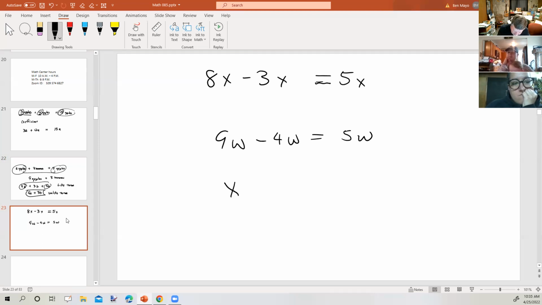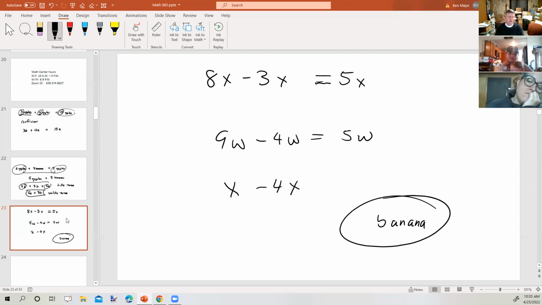How about x minus 4x? Well, what if I said I have banana? How many bananas do I have? If I just say, oh, I've got a banana, 1, right? Now, if I said I have bananas, then it'd be like, well, how many bananas? But if it's singular like this, we know that means 1 banana, okay?